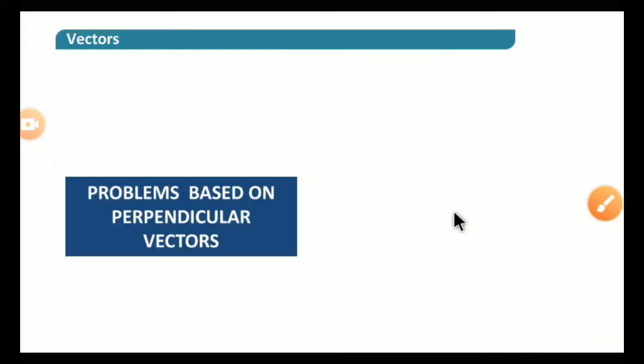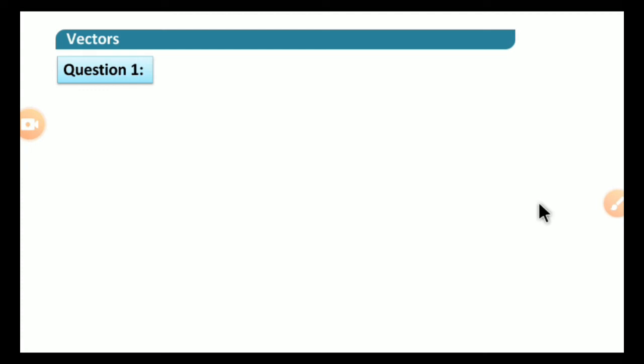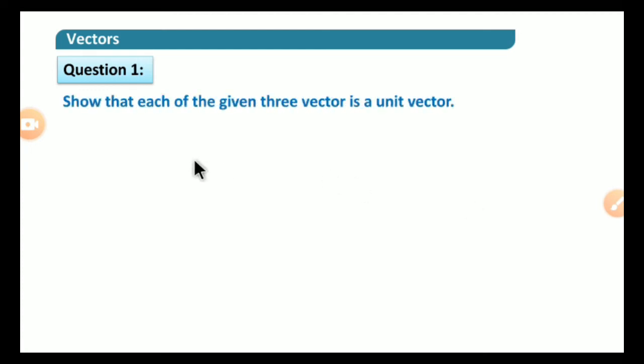Now again we will solve some more examples on perpendicular vectors. Question number 1: show that each of the given 3 vectors is a unit vector.